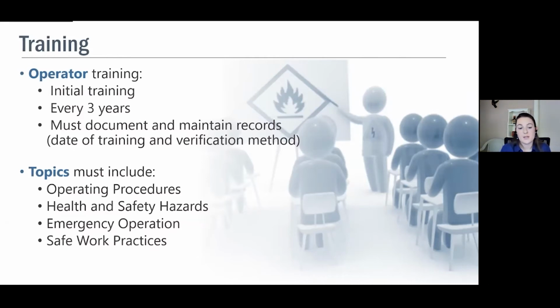The topics must include operating procedures, safety and health hazards, emergency operations, and safe work practices. You're hearing probably a lot of repetition here. The 12 elements of RMP are designed to be interwoven. So training, operating procedures, and the process safety information all go hand in hand, right? And it's designed to be that way.